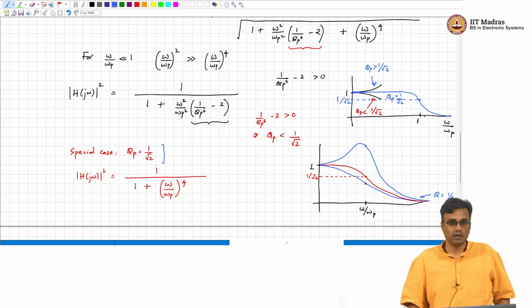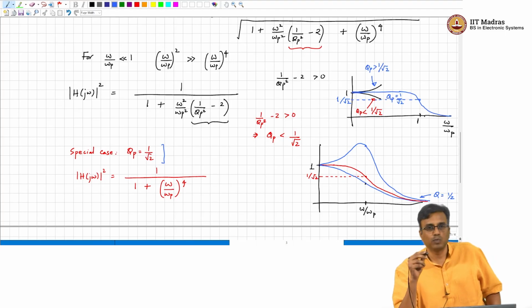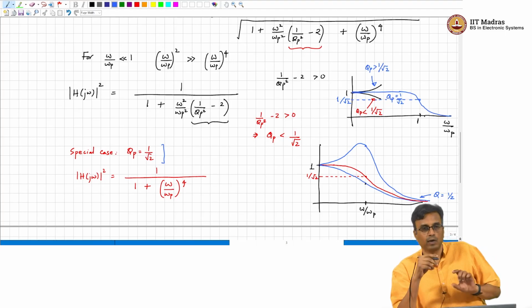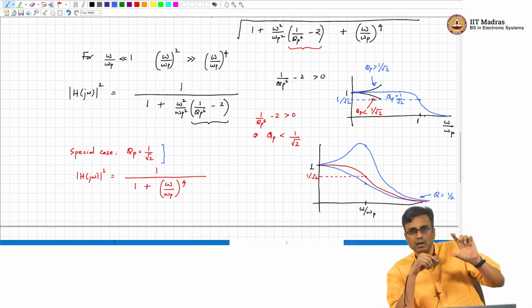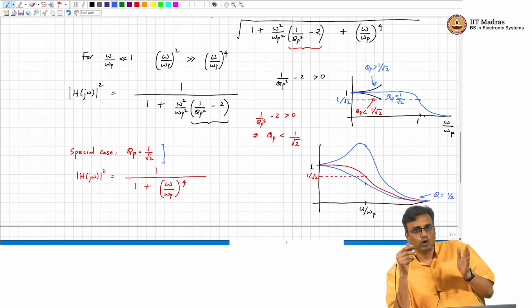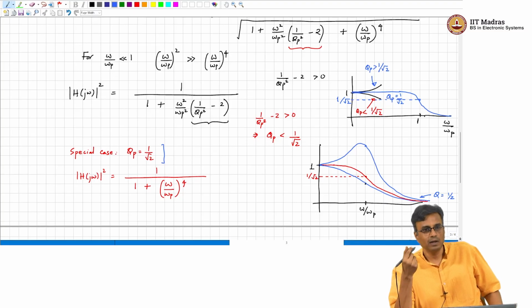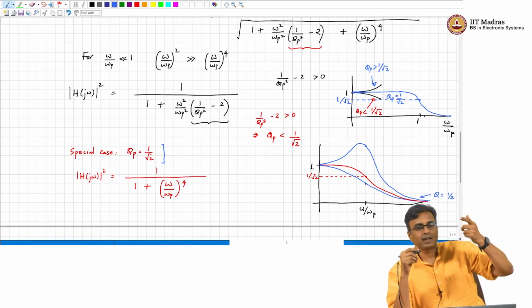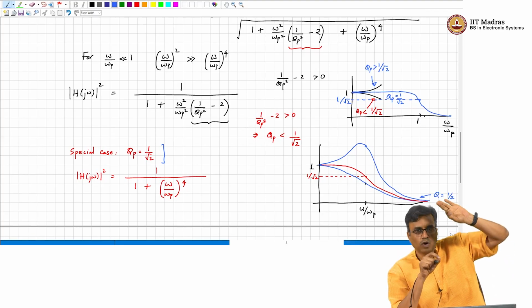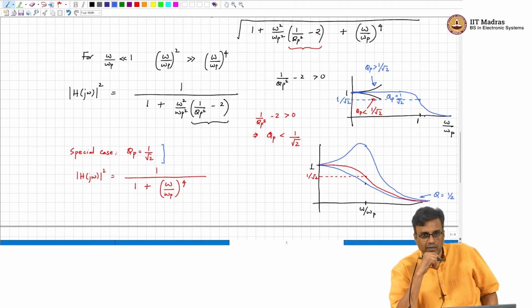As you keep increasing q to higher and higher values, what comment can you make about the gain at omega equal to omega p? The gain will become higher and higher, right? At q equal to infinity, what will happen? The gain will just go to infinity, and that makes sense because there are two poles on the j omega axis.